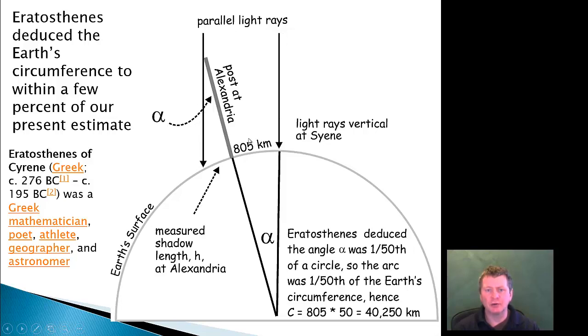So he looked at the shadow here versus the shadow there at high noon. He knew these posts were 805 kilometers apart, and he could measure this angle, and therefore came to the calculation that this angle was 1/50th of a circle, and so this distance was 1/50th of the Earth's circumference, and so he established the circumference of the globe at that point.